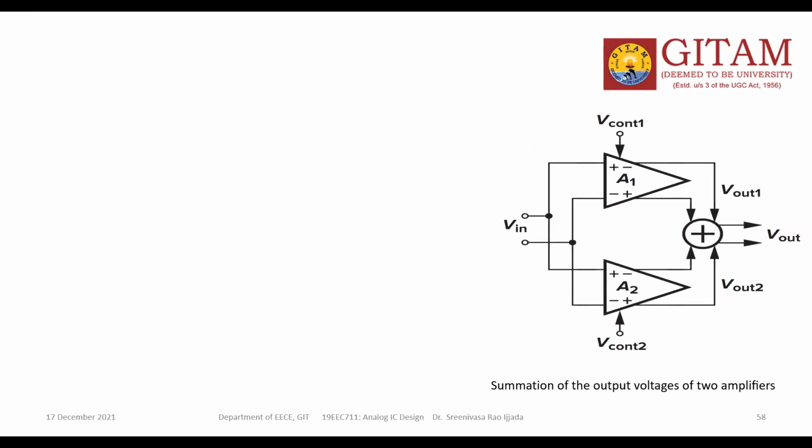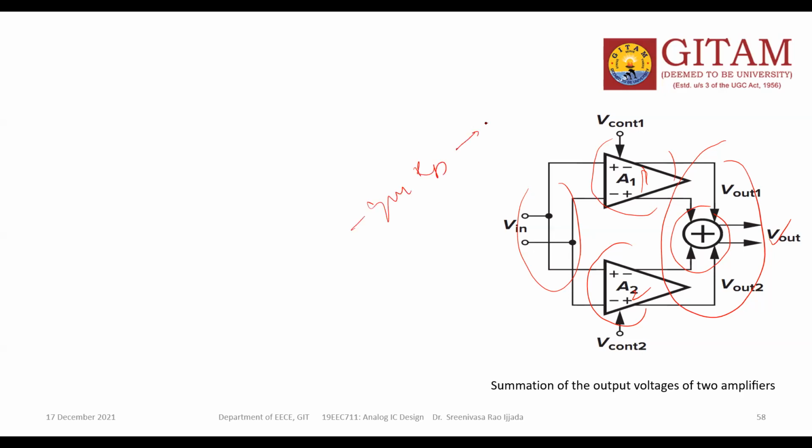This is the first amplifier and this is the second amplifier. You need to connect these two inputs as well as outputs through a summing point, then you can get V out directly. Now your V out varies from minus gm into RD to plus gm into RD. This is the range.